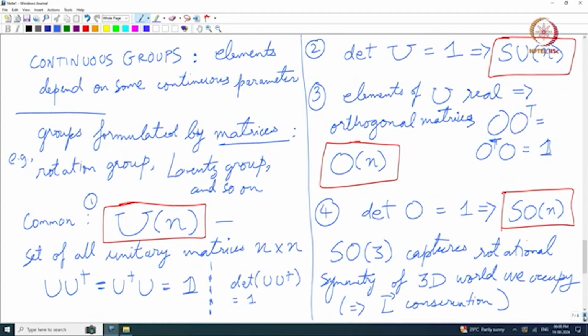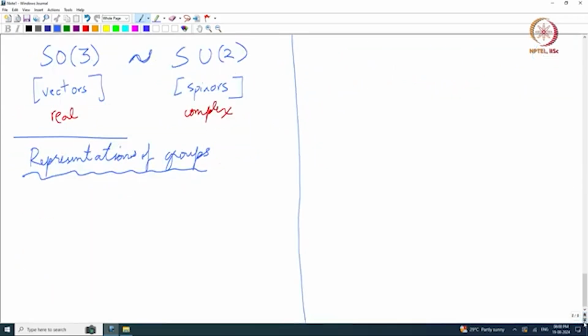So, U(N), SU(N) and so on, they are all abstract notions which we already formulated using matrices. However, you do not need one particular set of matrices to represent them. Okay. You can use multiple sorts of matrices. So, let me write multiple matrix kinds to represent the same group.